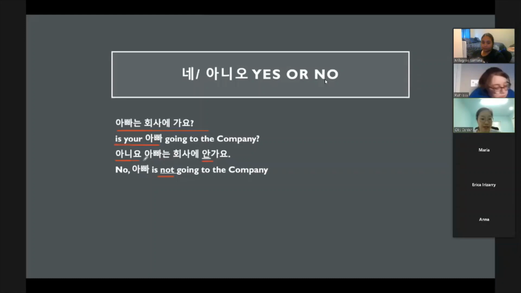If it wasn't there, it would be positive: the dad is going. But if 안 was added, then Dad is not going to the company. So 아니요. 아빠는 회사에 안 가요.